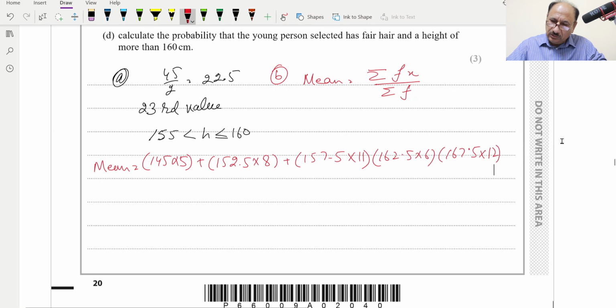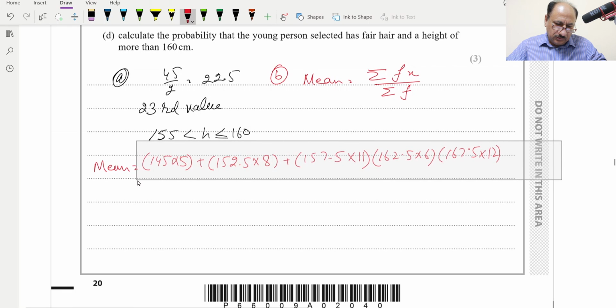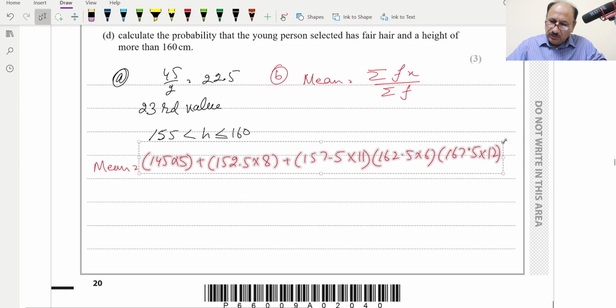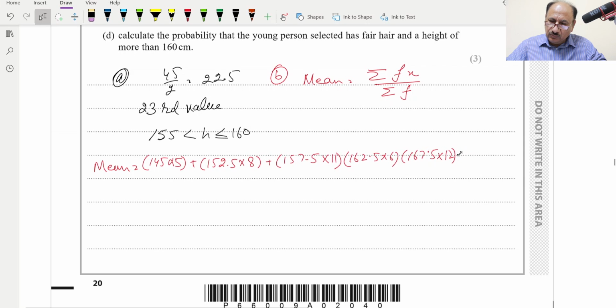Next value, again we can just reduce it a little like this one. There should be plus in between, which we are missing. So I will write plus over here, and I will write plus over here in 167, and next is also plus, and bracket will be 180 multiplied by 3.